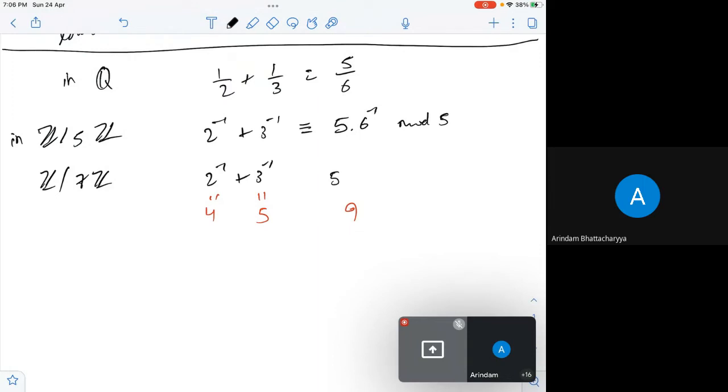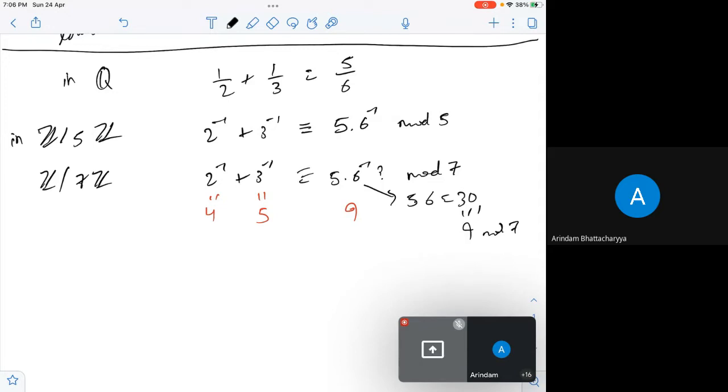Is this 5 times 6 inverse? Can someone verify that? What's 6 inverse? Yeah, 6 inverse is 6. So this thing is 5 times 6, which is 30, which is 9 mod 7.